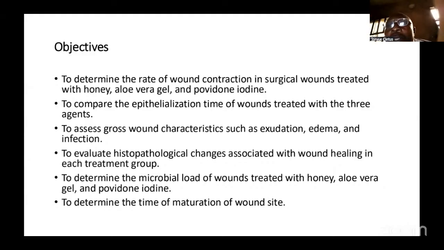Then histopathological changes. Here we are going to use biopsy samples, which will be analyzed in the laboratory, fixed, and then viewed under the microscope.